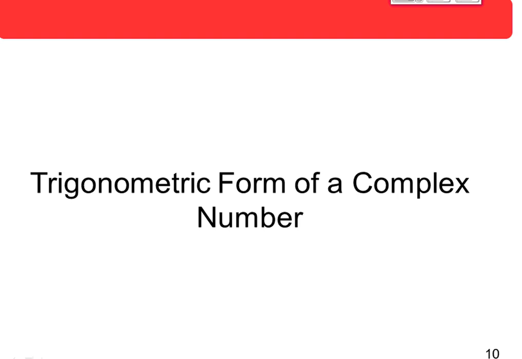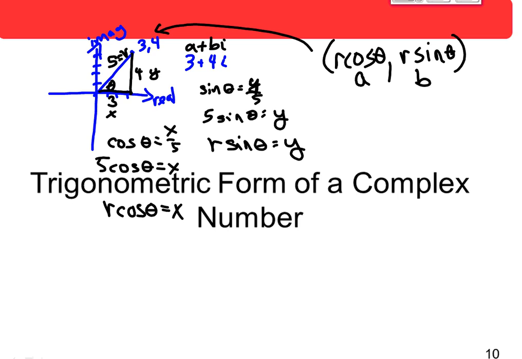Next is trigonometric form of a complex number. And I will go to this slide, but I'm going to remind you of these things from before. If we have a point like (3, 4) over here, and we plot that on the coordinate axis, and it's in that first quadrant, I think that's easier to see.